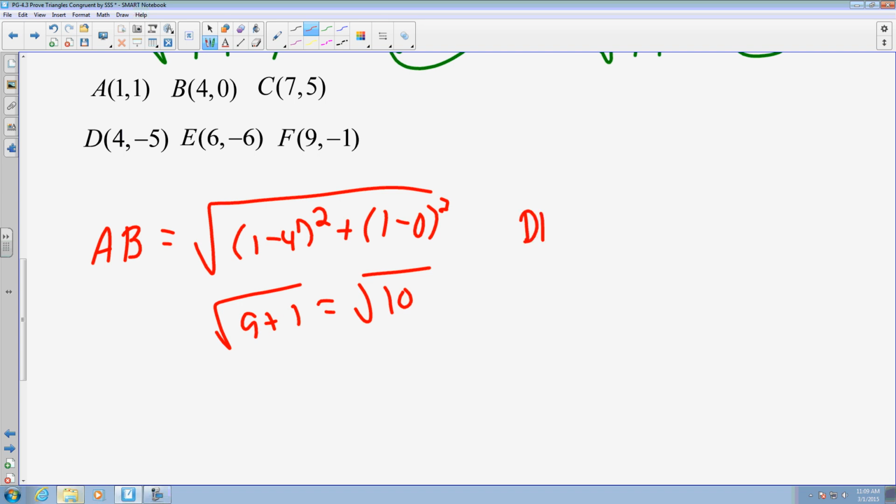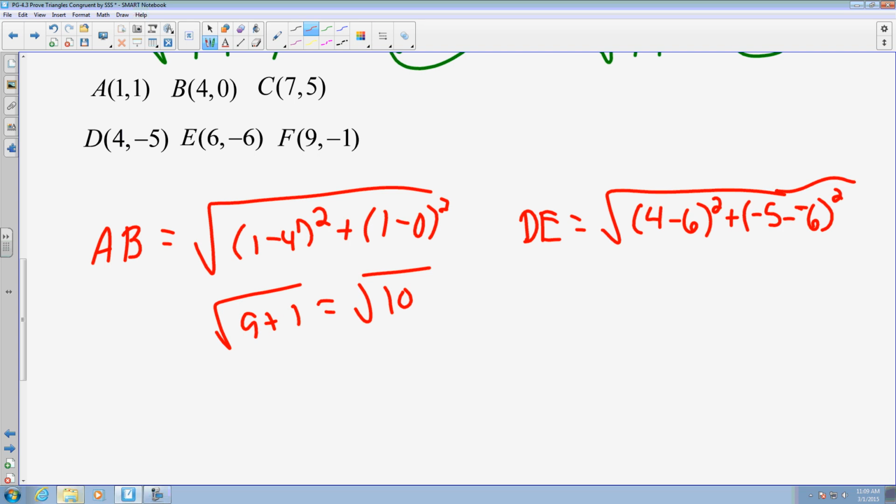Now I'm going to look at DE, which is the corresponding side of this in the other triangle. So I go over here, I got 4 minus 6 quantity squared plus negative 5 minus a negative 6 quantity squared. So this is a plus plus situation. So I get 4 minus 6, which is negative 2.